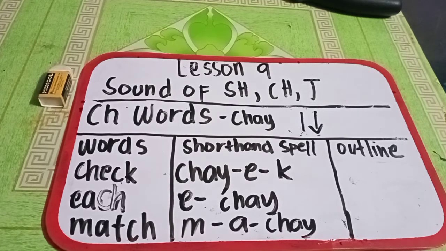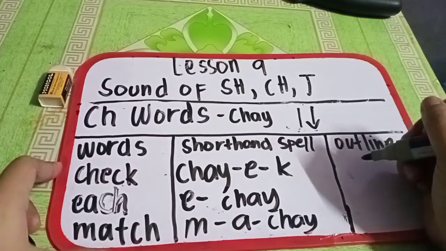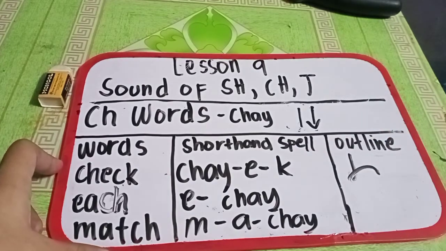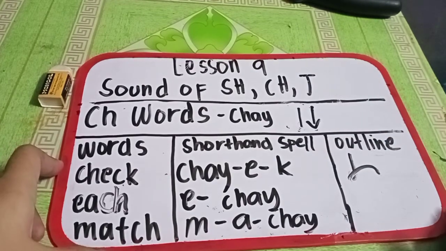As I said, I have 5 examples here. First is check. The shorthand spelling of check is J hyphen E hyphen K. This is the outline: J E K. Then the second example is each.